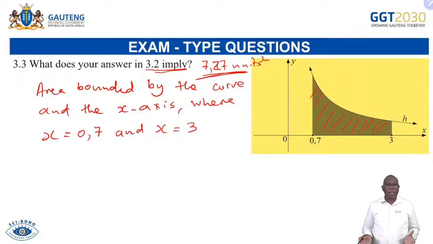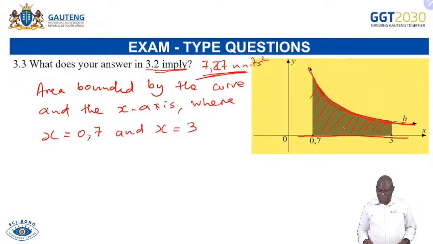So they're just asking you, that answer that you get, what does it say to you? It says we're getting the area bounded by the curve. The curve is this one here, and the x-axis.